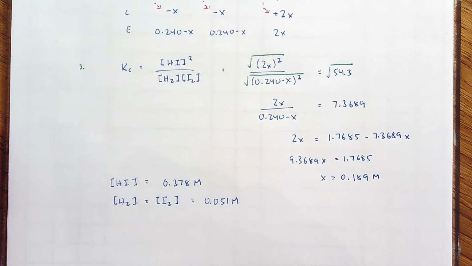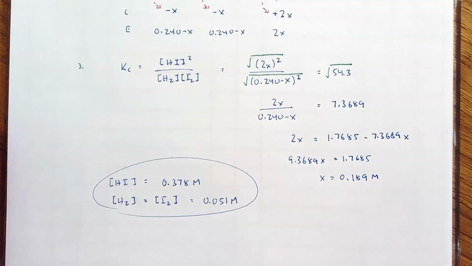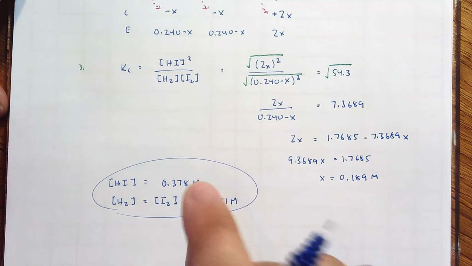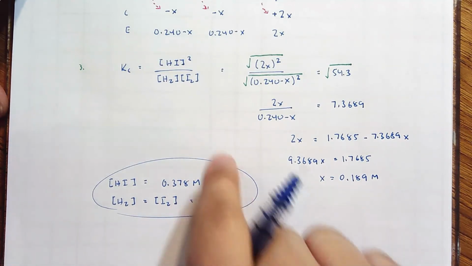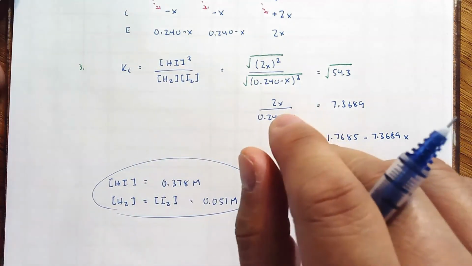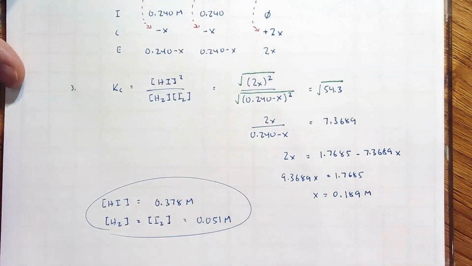Let me make sure I have the right numbers. Okay, circle those. It tells us that we have more product, and you see that we're squaring it also in the expression, and our number is indeed greater than 1. It's 54.3, and I think this is good.